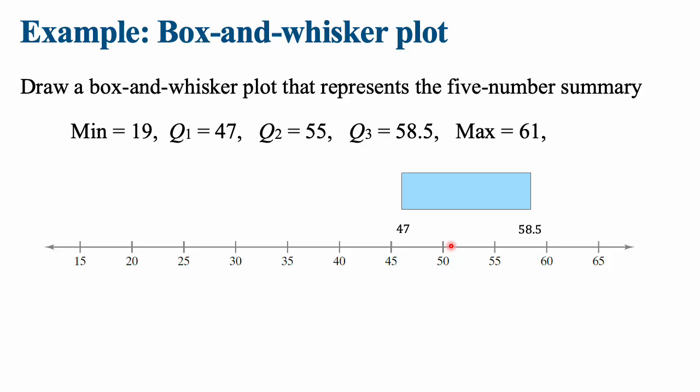Then you find the median Q2, 55. You draw the line. That's the median. Then plot the point for the minimum 19, plot the point for the maximum 61, and draw the line between the maximum and minimum. Then you put the points here: 47, 55, 58.5. That's how to sketch a box and whisker plot by using the 5-number summary.